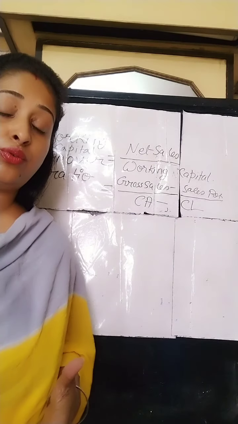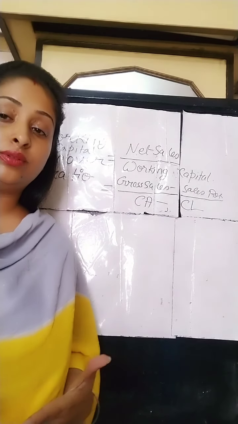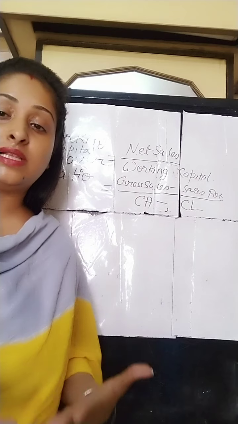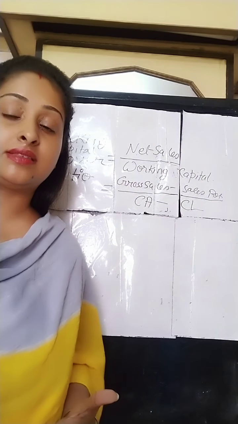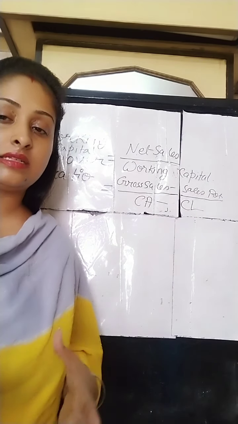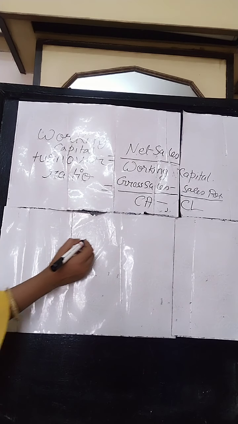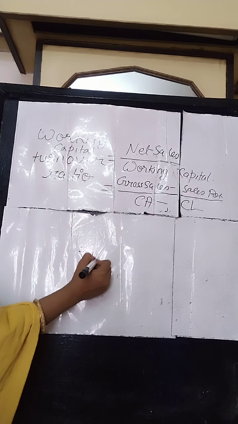Suppose different current assets are given to you. I have told you previously while teaching current ratio that current assets are like stock, debtors, bills receivable, cash, prepaid expenses. If you add all these up, suppose you are getting 4 lakh.